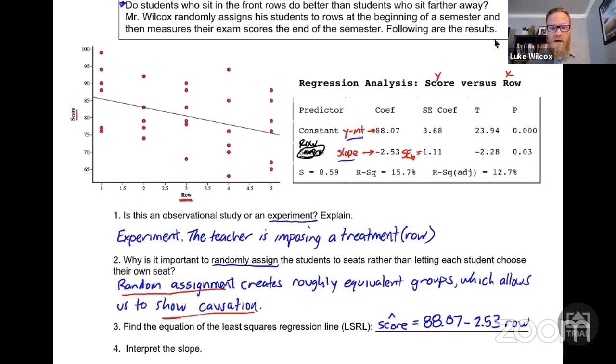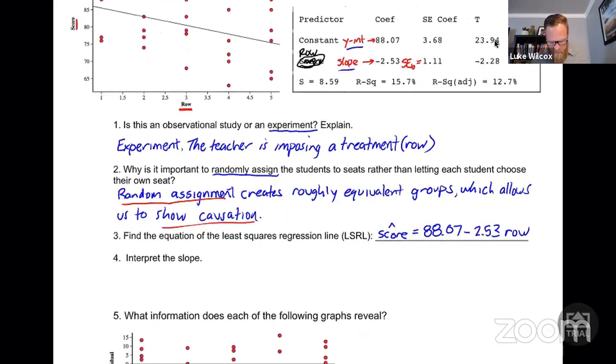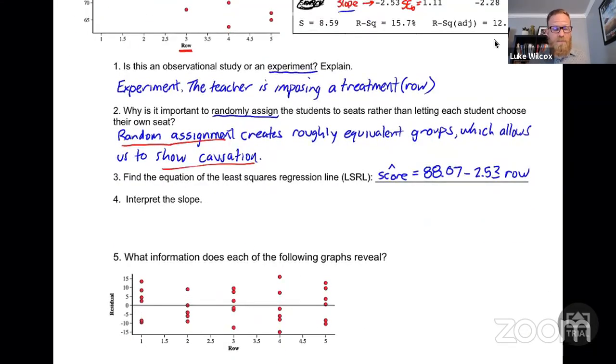All right, so we got our equation here, the least squares regression line, and we are ready to interpret the slope. Well, we know what the slope is. It's negative 2.53. And we've already had some practice with interpreting the slope, so I'm going to go right into it here. For each additional increase of 1 in x, now in this case it's the row.